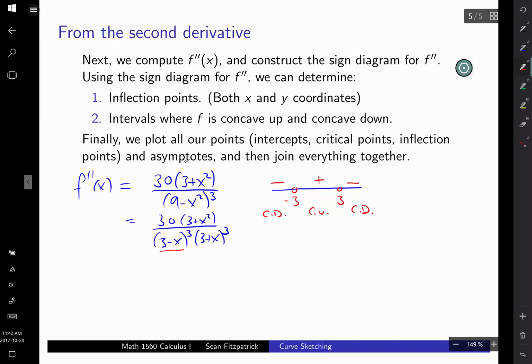If I wanted to actually graph this function, I start plotting things, and so what I do, I draw some axes. The first thing I might put in maybe is my asymptotes. So let's put in those asymptotes at +3 and at -3. And let's start plotting points. We had intercepts at -2, 0 and 2, 0.